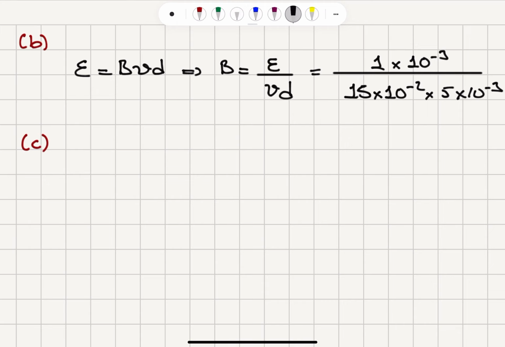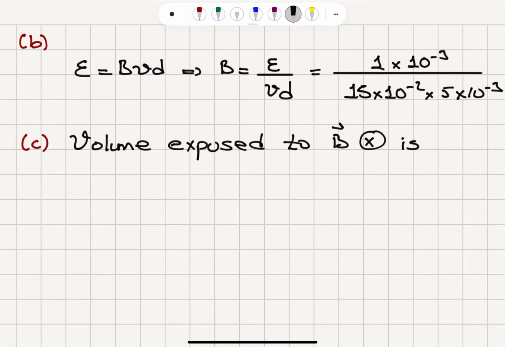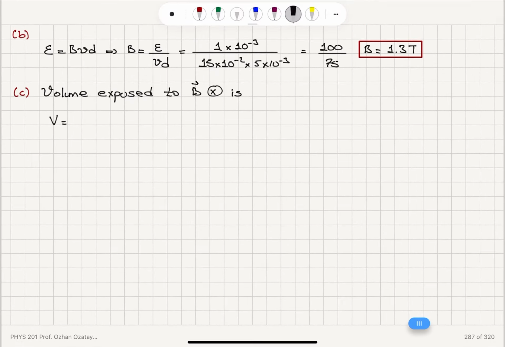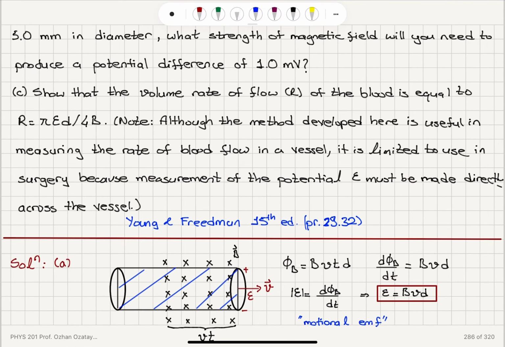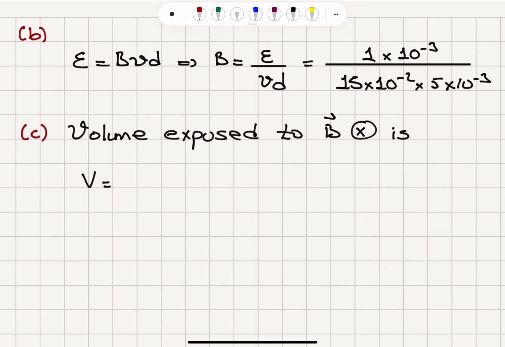Okay. So what is the volume that is exposed to magnetic field B that is pointing into the page? This volume, as we have shown here, is the area of one side, one cap, which is pi r squared, multiplied by the length, which is Vt. So the volume exposed to the magnetic field is pi r squared Vt.